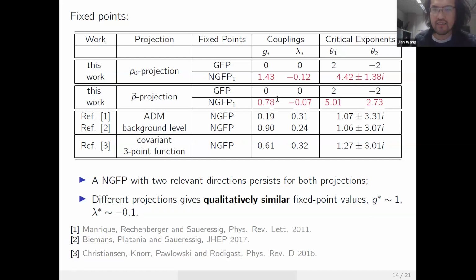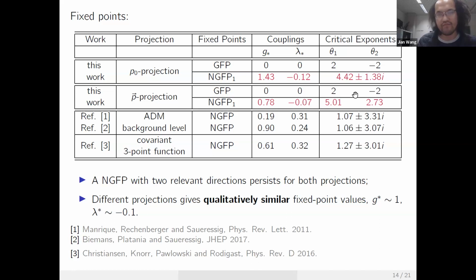For both of them, the value of the Newton coupling is around 1, and the value of the cosmological constant is around minus 0.1. In addition, both of those two fixed points come with two relevant directions.